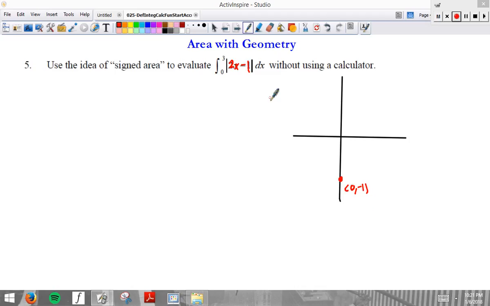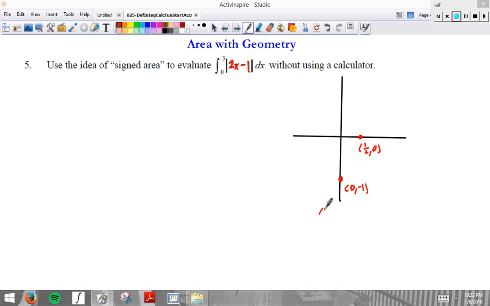An x-intercept, which you can get by setting this equal to 0, of (1/2, 0). Sorry, 1/2, 0.